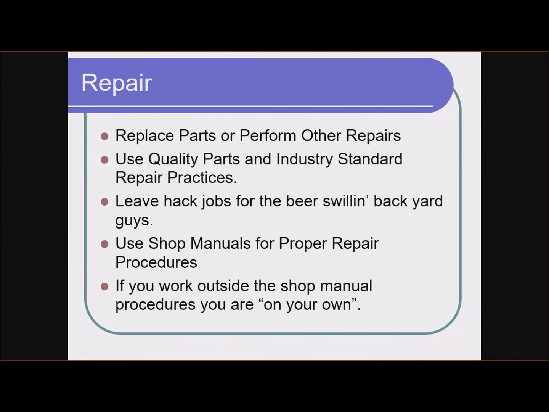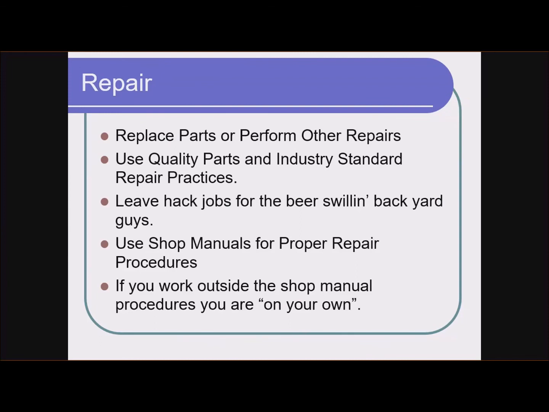When somebody brings a car to you, they have a right to expect that the repairs you do are going to be up to published procedures that the manufacturer has recommended and approved. Does that mean the shop manual is always absolutely correct on every step you need to take? No, I don't think it does. I've seen some pretty stupid things in shop manuals where they have you doing absolutely unnecessary steps.